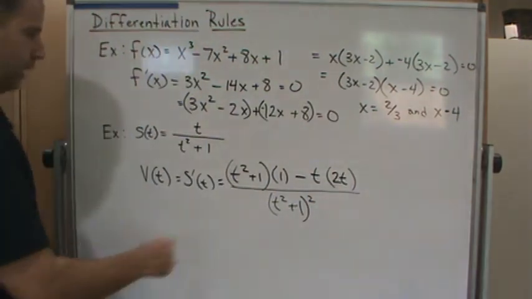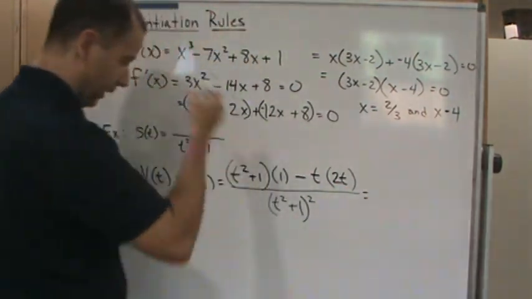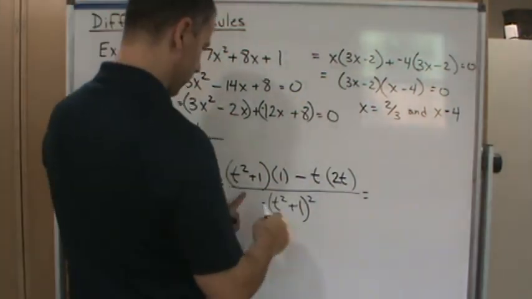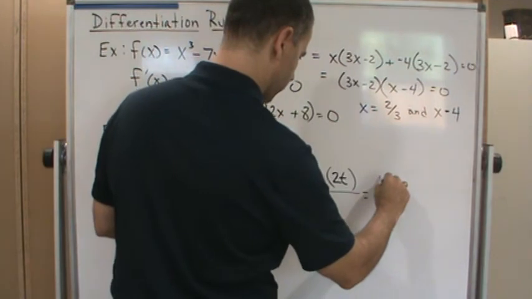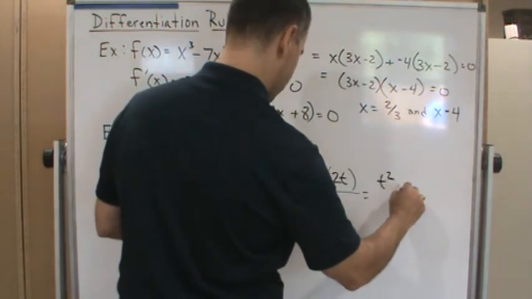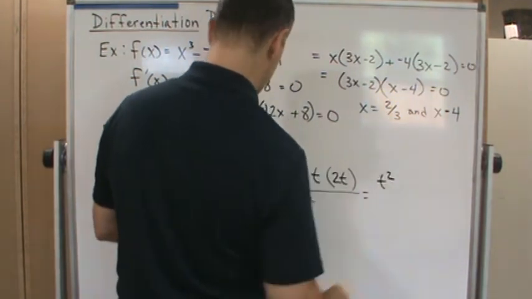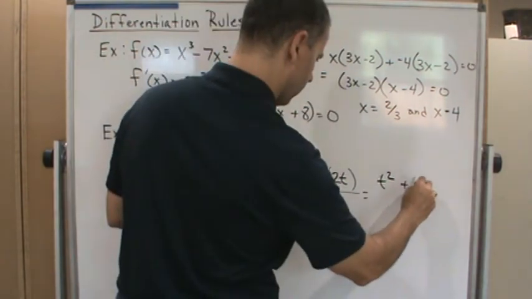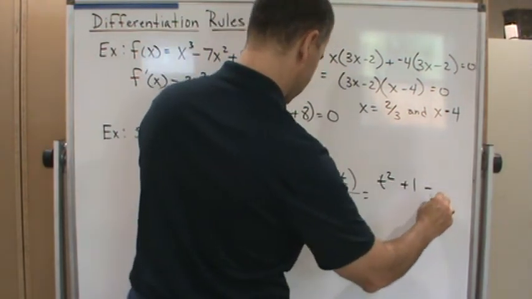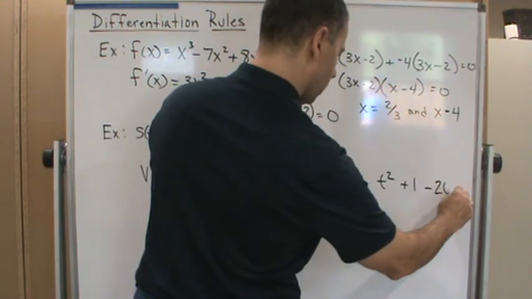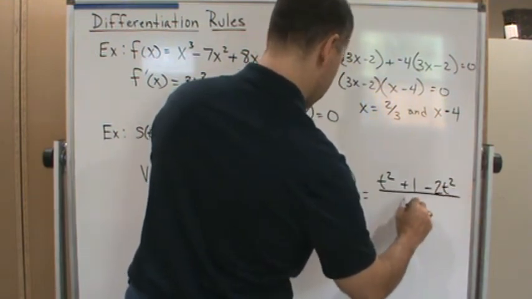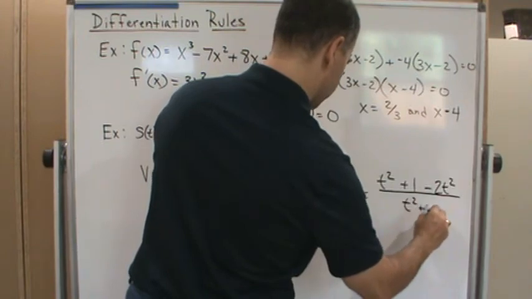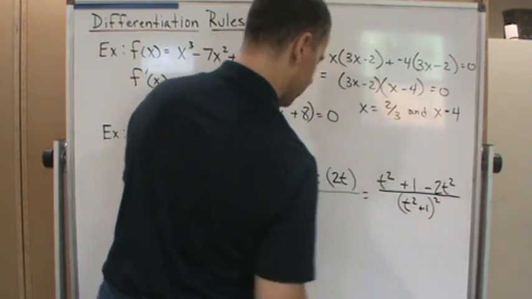Now I'm just going to simplify the numerator. This is going to give me t squared plus 1 minus 2t squared over t squared plus 1 quantity squared.